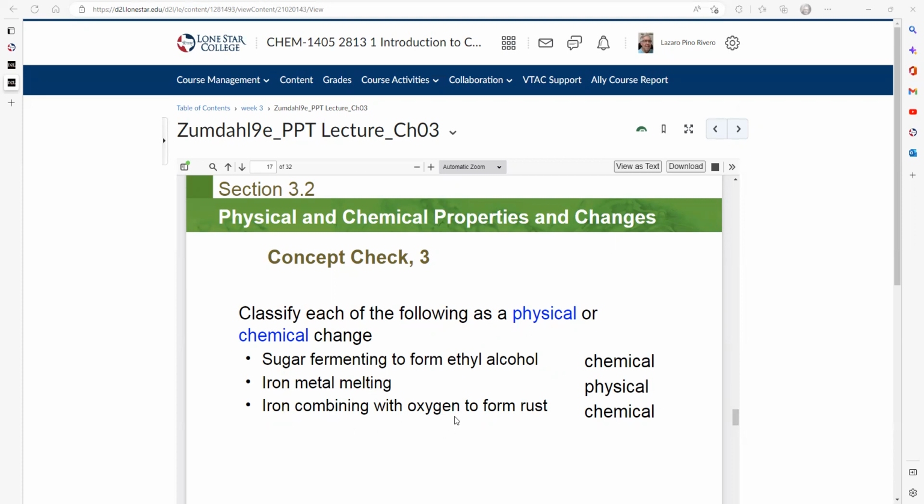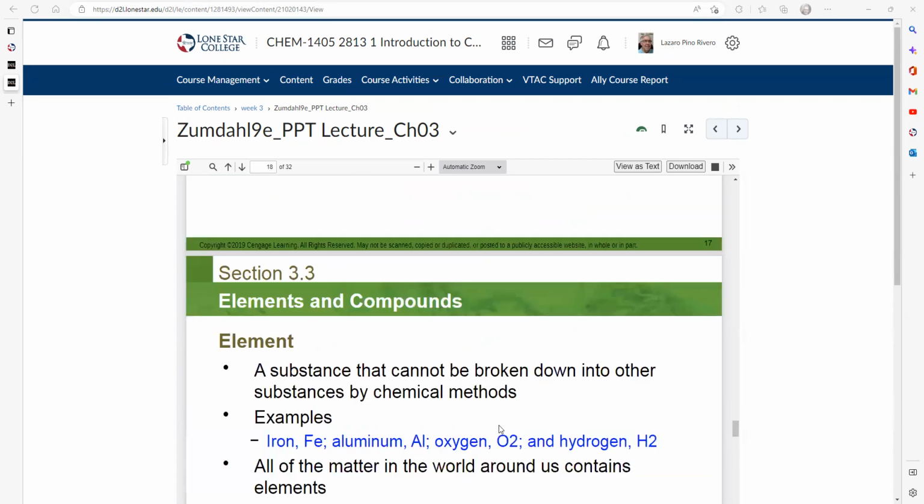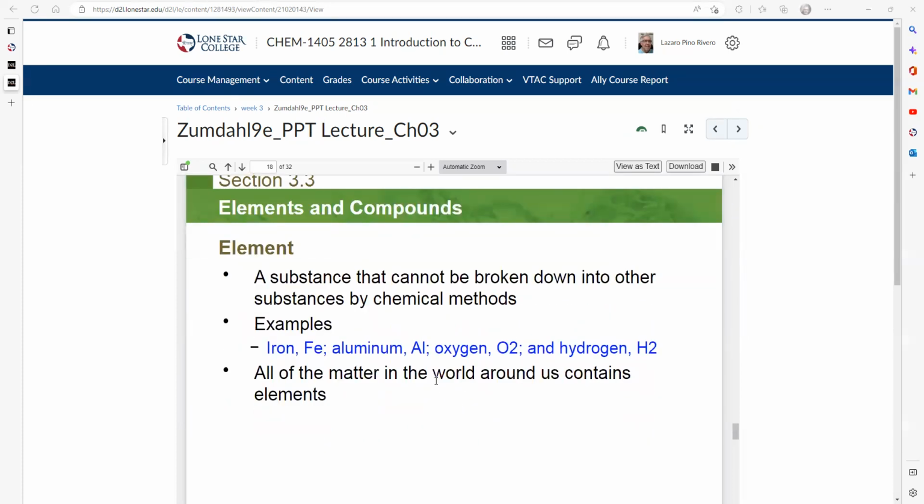Iron combining with oxygen to form rust. It is chemical because at the beginning you have iron, the metal, and at the end you have what? Iron oxide, that is rust. Well, element. What exactly is an element?